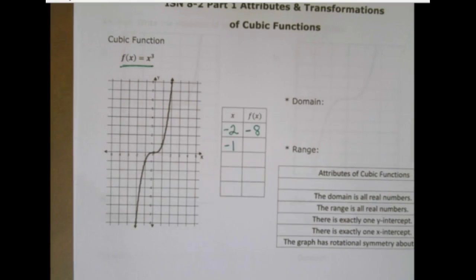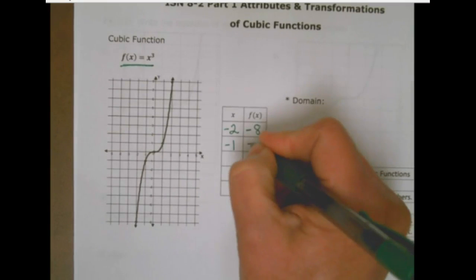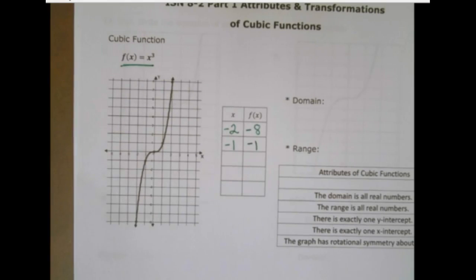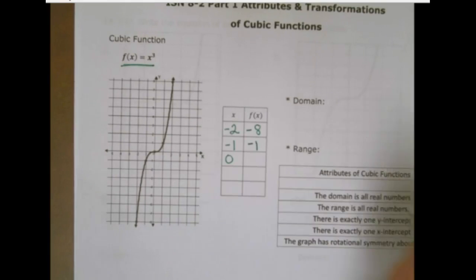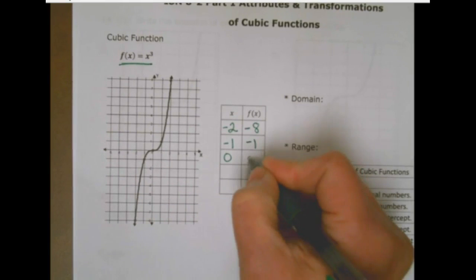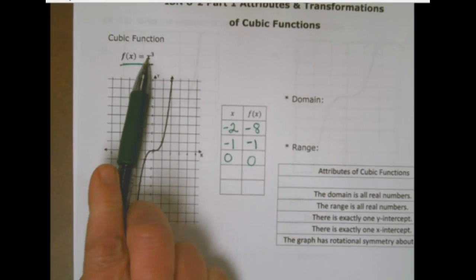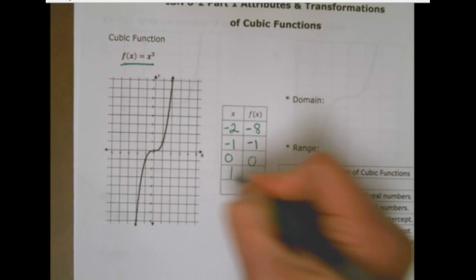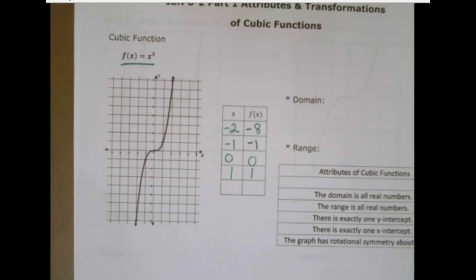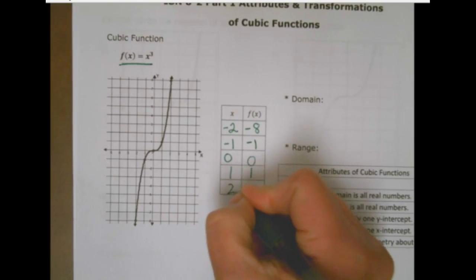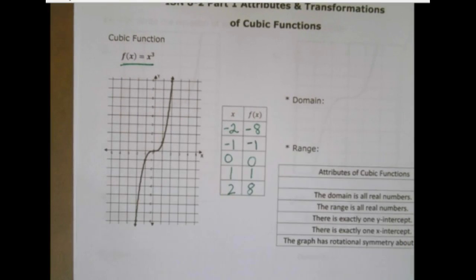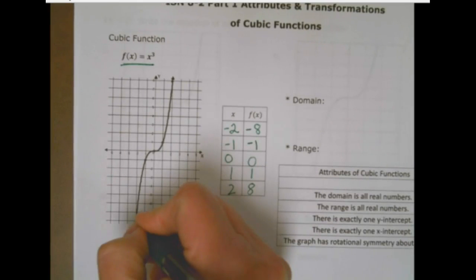Negative 1 times negative 1 times negative 1 would be equal to negative 1. 0 times 0 times 0 is 0. The reason I am repeating myself is this function says I am raising it to the third power. 1 times 1 times 1 is still 1. 2 times 2 times 2 is 8. And those are the points.